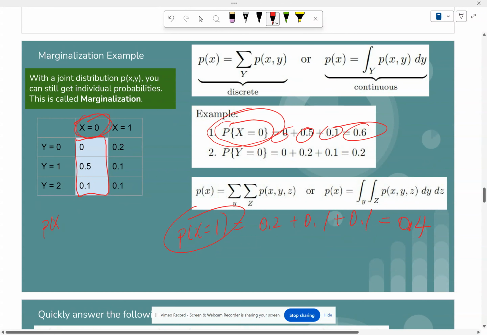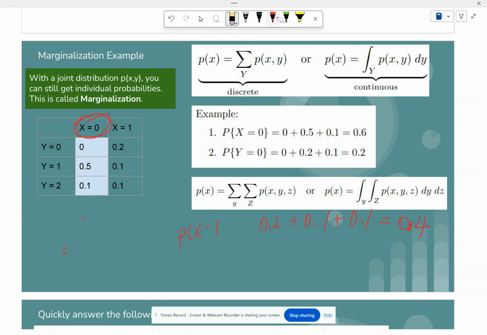We know p of x equals 0 is 0.6, and p of x equals 1 is 0.4. They add up to 1, which makes sense, since it should be 100%. Now, if we were adding y equals 0, here's the option. Then you have to add this up, which is 0.2.